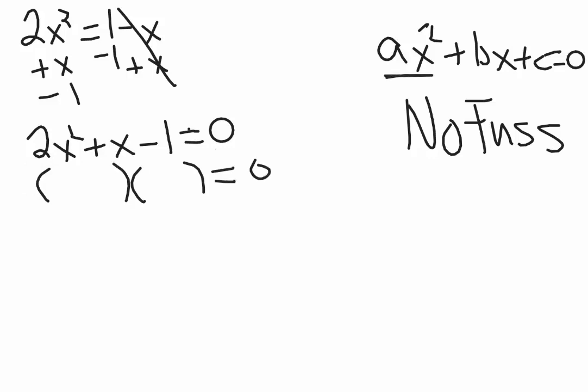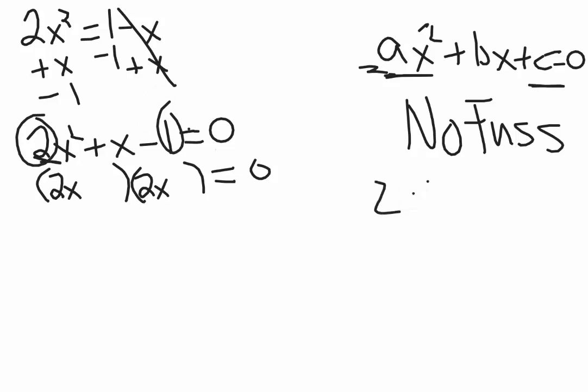And what you're going to do is you're going to take that ax, that first term excluding the exponent. In our example here, that is a 2x. And just repeat that twice. Put it in the first spots in your parentheses. 2x and 2x. The next thing that you're going to do is you're going to multiply a times c. The first number times the last number, ignoring any signs.